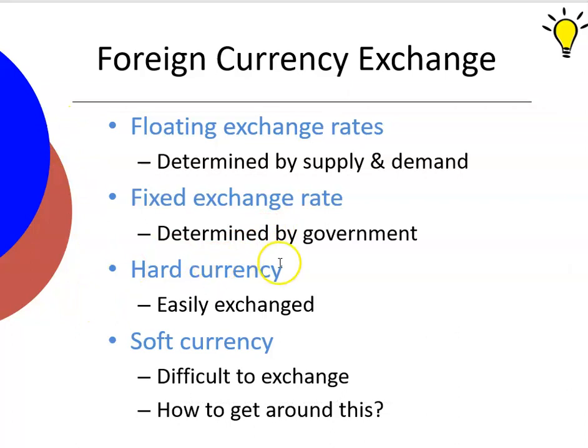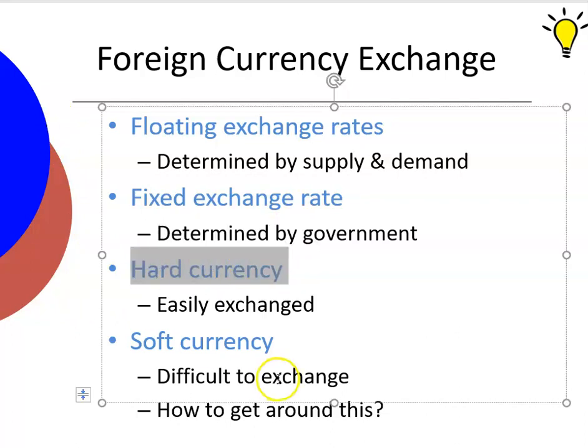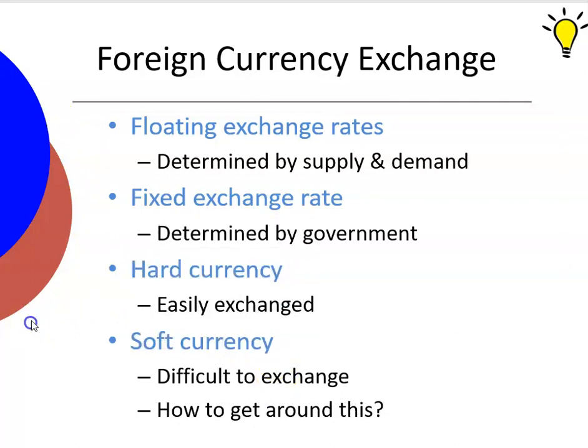Another way to look at currencies is there's hard currencies and soft currencies. Hard currencies are those that are easily exchanged. The euro and the dollar, the euro and the yen, the dollar and the pound, the dollar and the yen. There's a large volume of currency that's exchanged, and there's no impediment to the exchange. Soft currencies are those which are difficult to exchange.